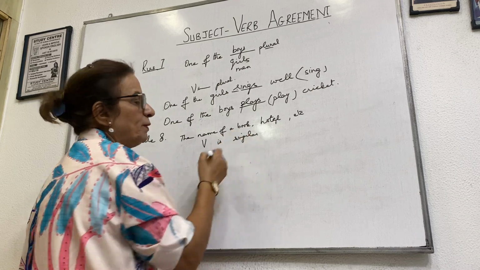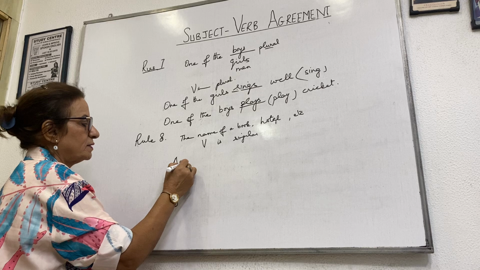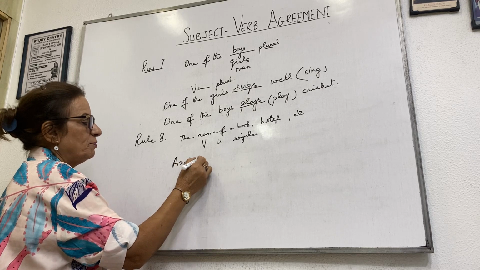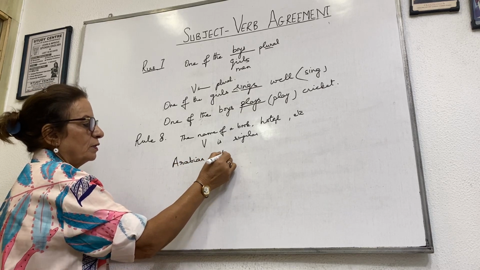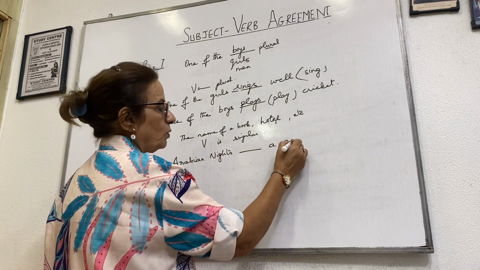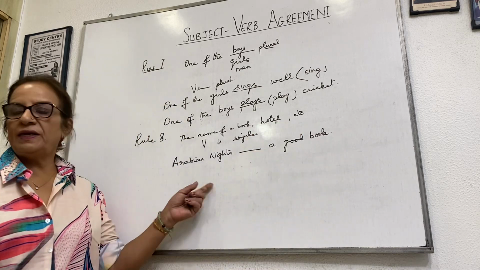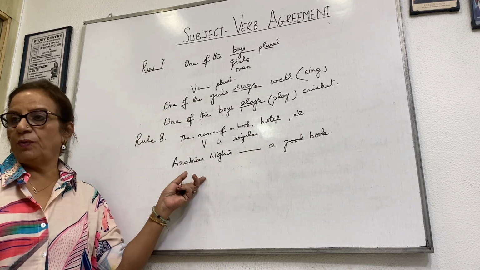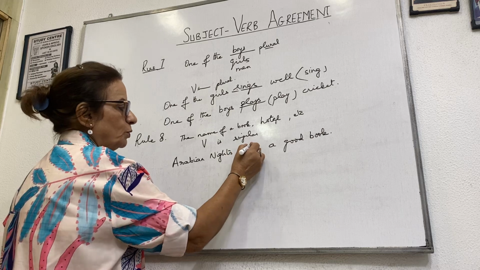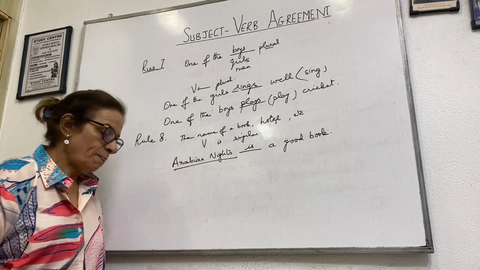The book's name might be in plural. For example, Arabian Nights. This is the name of a book. Arabian Nights, a good book. So what will come? Arabian Nights, it's the name of a book, is a good book. Because this is the name of a book. Okay?